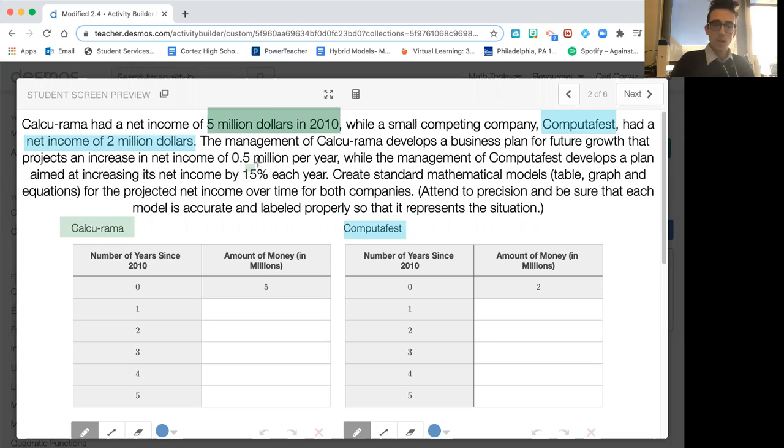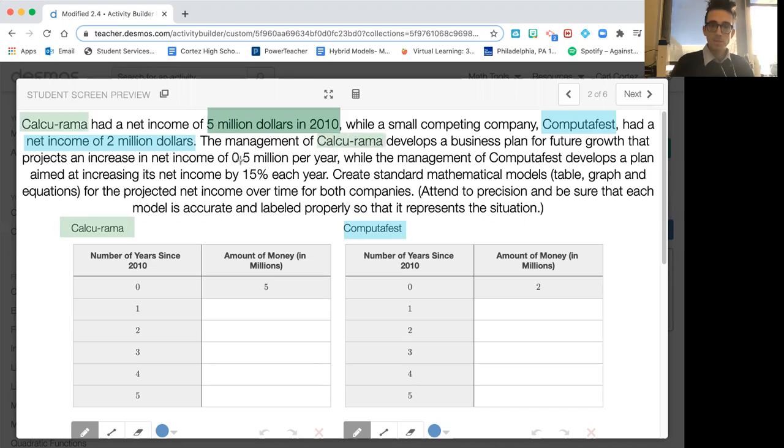So I'm gonna color coordinate to the best of my abilities. I think that this is a strong problem-solving tool, especially when you're dealing with words. Everything Calcurama related, I'm gonna highlight in green.